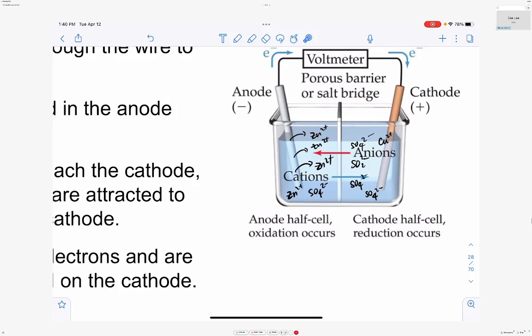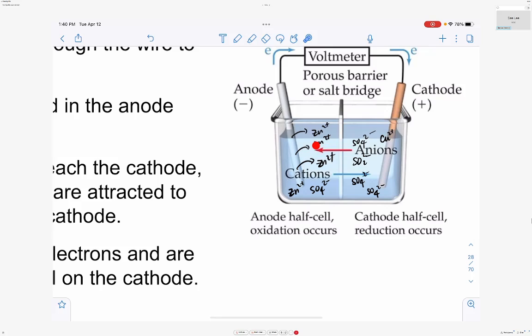So as time goes by, the zinc metal will lose its mass because it's transforming into zinc ion. As time goes by, copper will gain mass because more and more copper 2 plus is receiving electrons and becoming copper metal. And then again, the salt bridge sometimes doesn't have to be the U shape, it can be like a barrier.